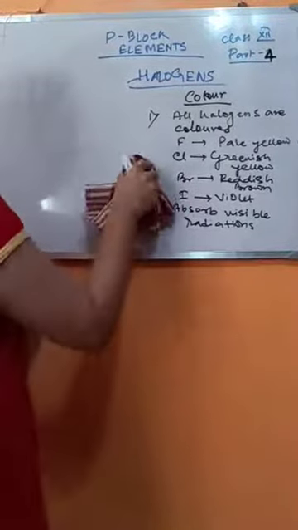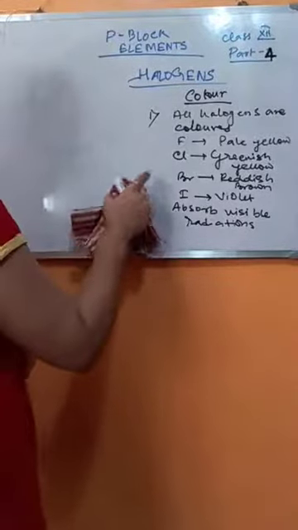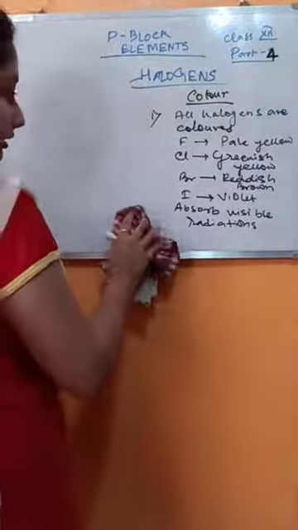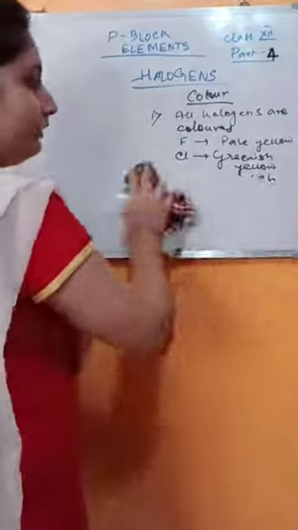Now, why are they differently colored? That is, why is fluorine pale yellow, why is iodine violet? This is another question, so let's come to that.